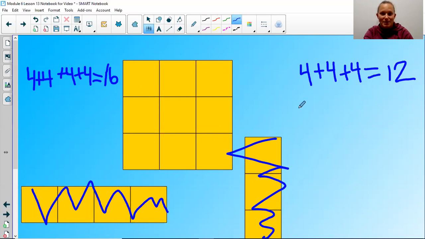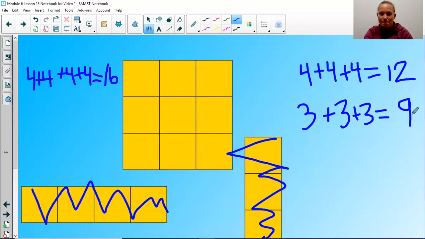So now my new number sentence will be 3 plus 3 plus 3 equals, and I know 3 plus 3 is 6, and another 3 is 9. So my new total for this rectangle after taking away a column is 3 plus 3 plus 3 equals 9.